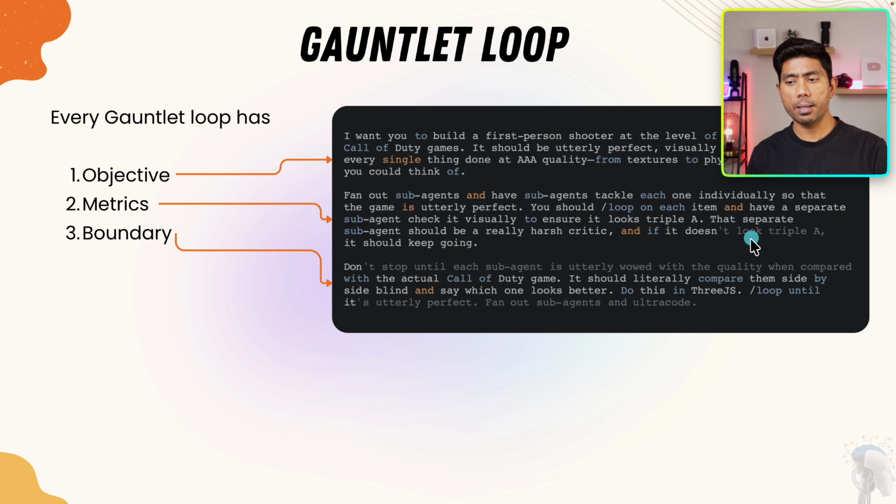If it doesn't look like the actual website that you're looking for, then you should keep going. So you're setting the loop for the agents to keep continuing. And then you are setting a boundary: don't stop until each sub agent is utterly wowed with the output for the application that you're looking for. So this is exactly the technique of the Gauntlet Loop.